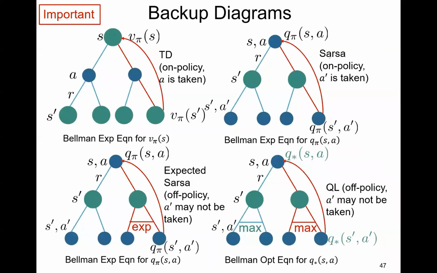For Sarsa, notice you're backing up from Q pi S prime A prime to Q pi S A. So the little blue circle is the Q node. So in this blue circle, you are starting from the earlier state S, and you're committed to action A. And you need to estimate the value of taking action A in state S. That's the action value function.